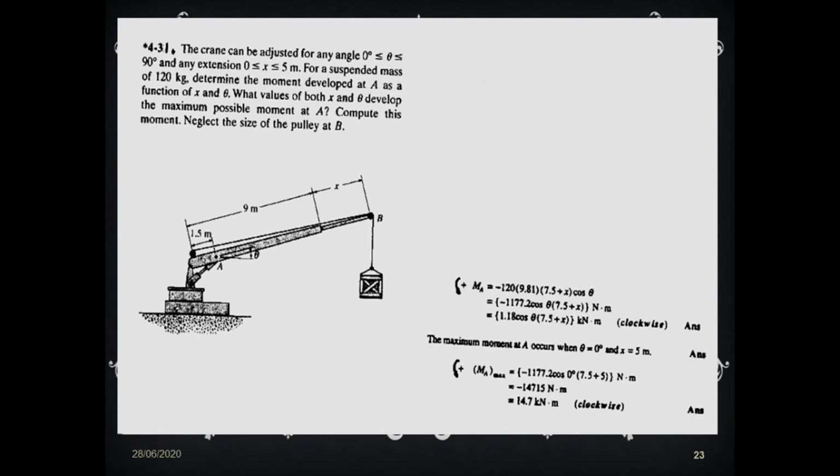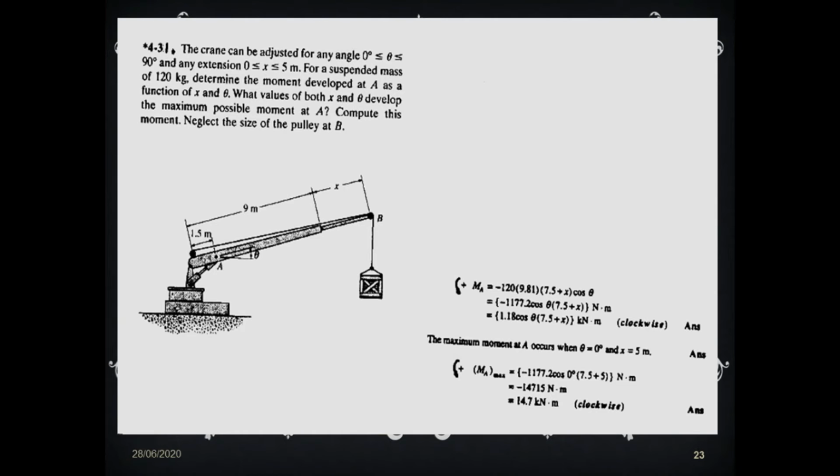Then from A till the end, up to that pivot point, it is 1.5 meter. Then at pivot point A, the 9 meter beam has an angle of theta, and that theta is also given min and max limits from 0 to 90.